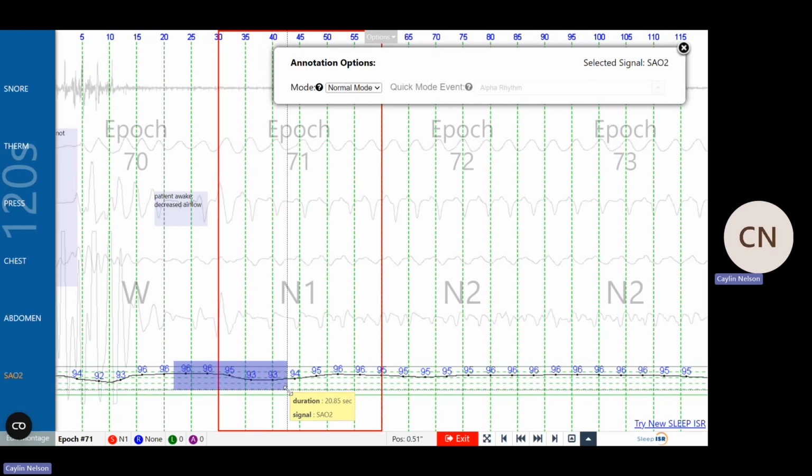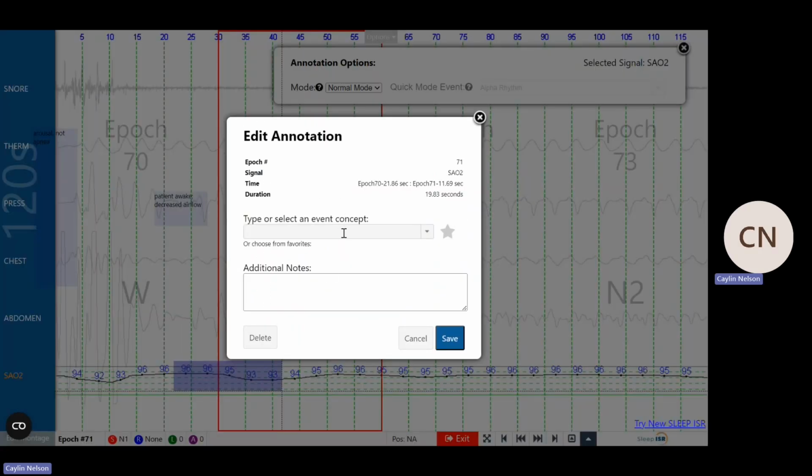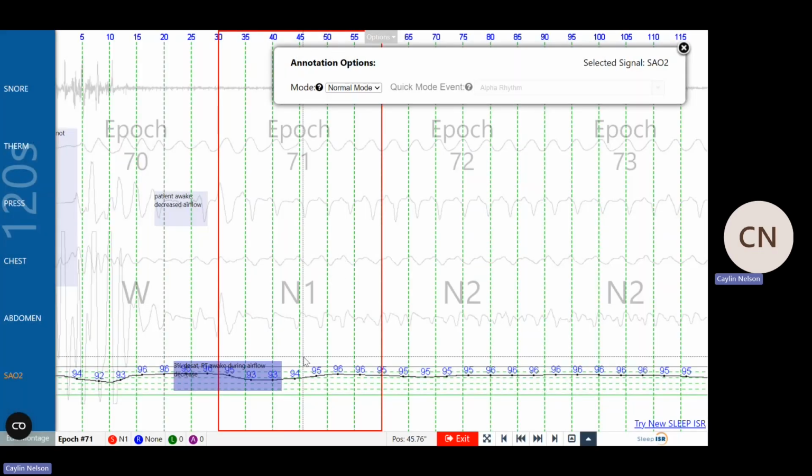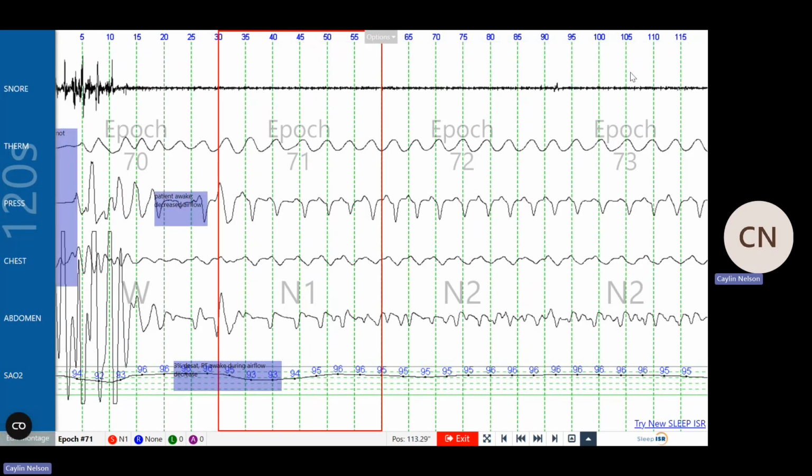I'm going to add that in here as well. 3% desaturation, patient awake during the airflow decrease, so it doesn't constitute a hypopnea.